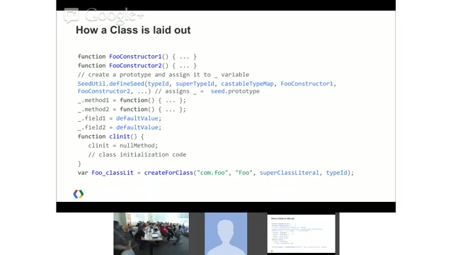Then we need to set up a prototype to hold fields and methods. There's this magic class called seedUtil, and it calls a factory method called defineSeed. And one of the things we do at this stage is that every class has been given a type ID, a number: 1, 2, 3, 4, and 5.